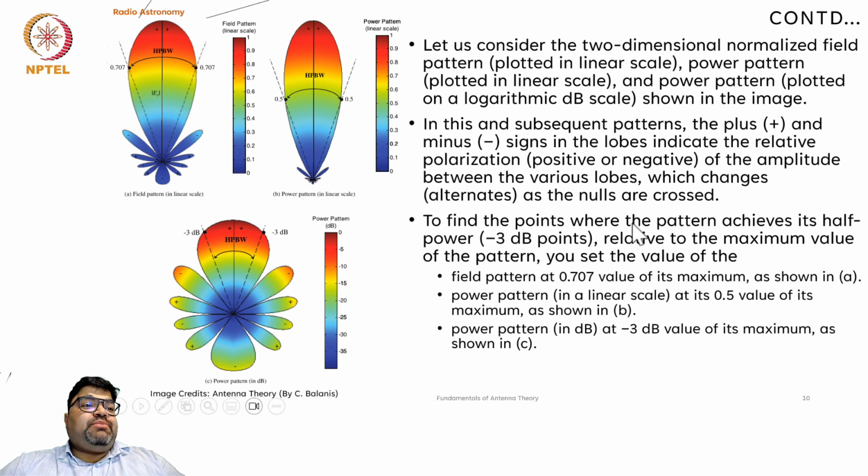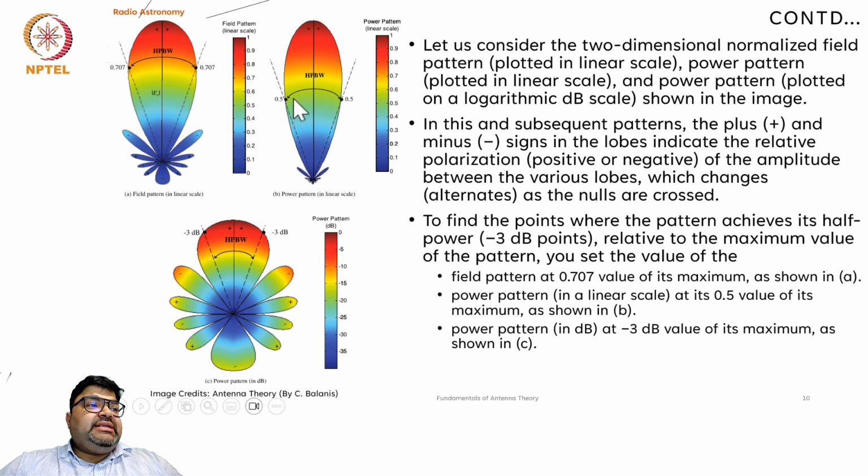To find the points where the pattern achieves its half power or -3 dB points, so basically what is the half power beamwidth? I go from the central portion where the power is maximum to where the power is half of its maximum value in both these directions, and those are the two half power points.